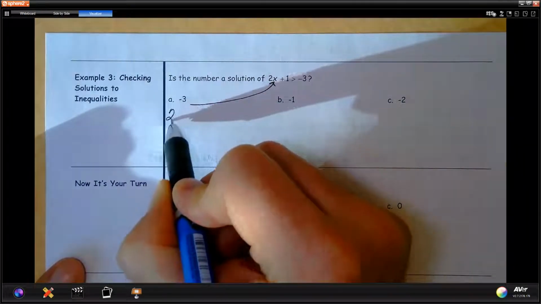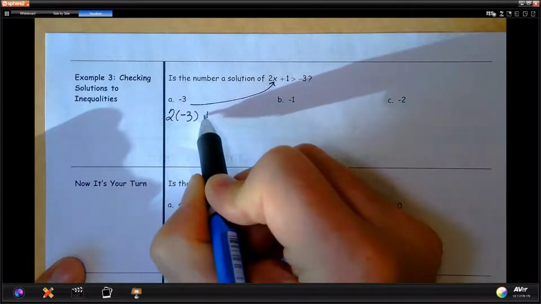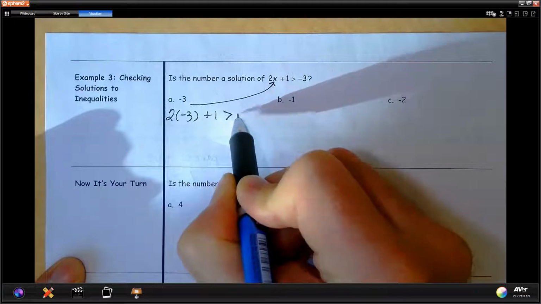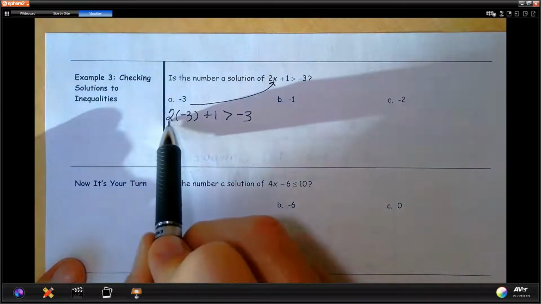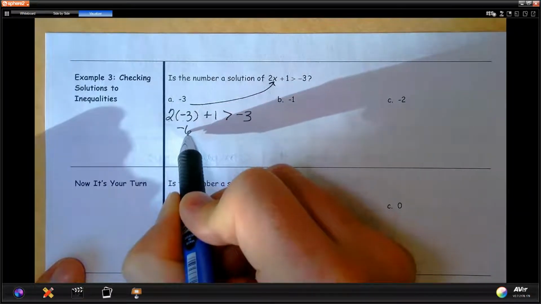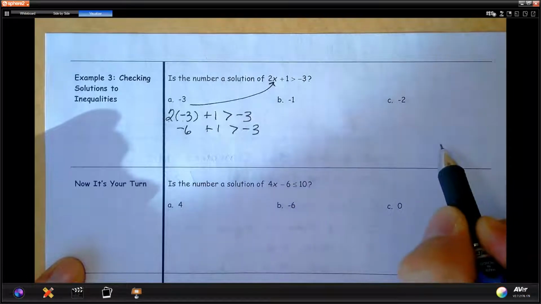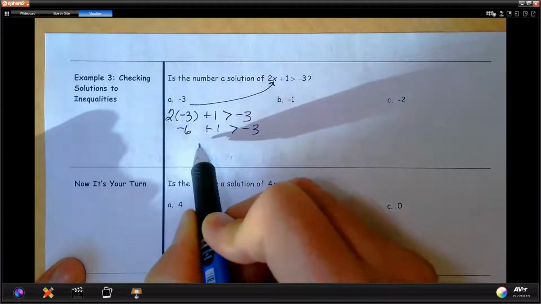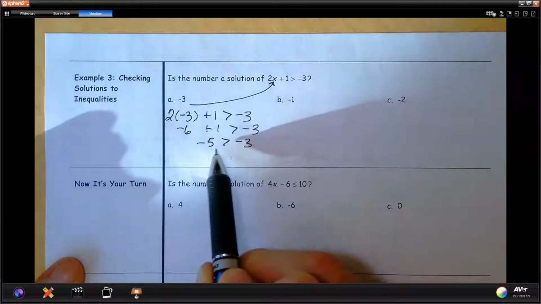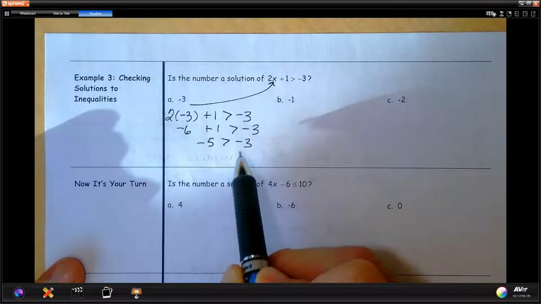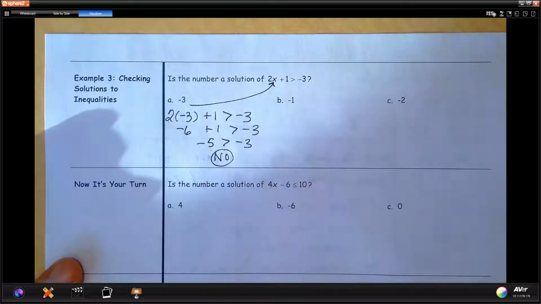So I'm going to take this inequality, 2x plus 1 greater than -3, and replace the x with -3, and then do the math. 2 times -3 is -6, plus 1. -6 plus 1 is -5. Is -5 greater than -3? No, -5 is less than -3. So the answer is no.